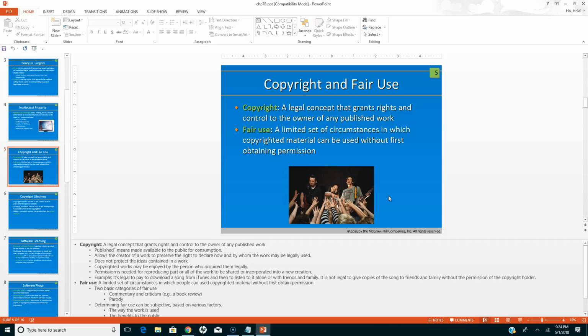However, if a person makes a copy of half of the textbook or the entire textbook, then that is not fair use.